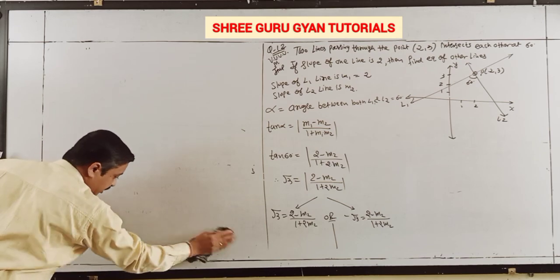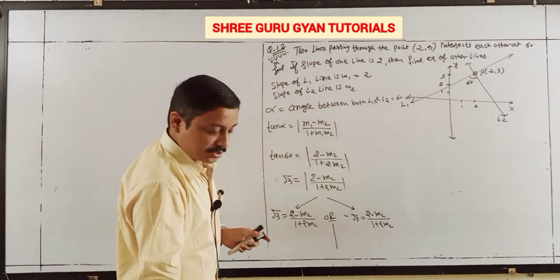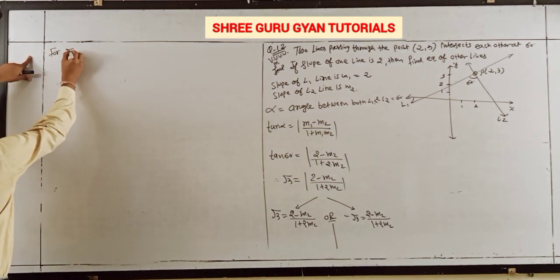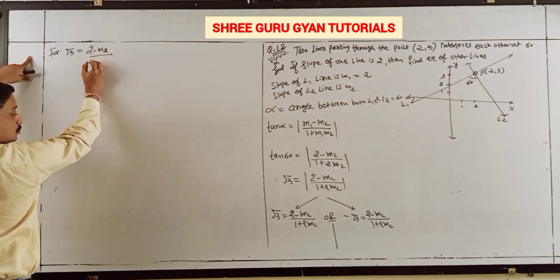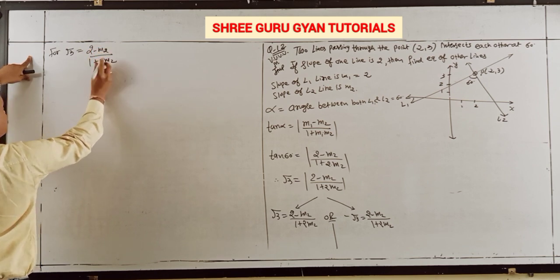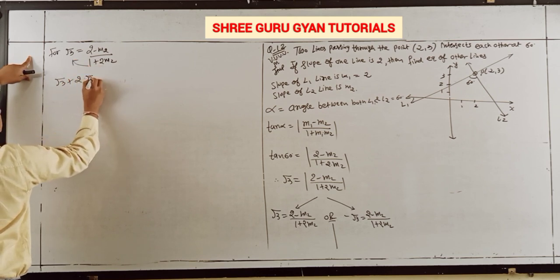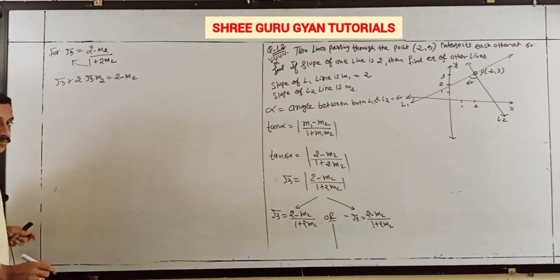So there are two unique answers available to our questions. Here, first taking root 3 is equal to (2 minus m2) upon (1 plus 2 m2). Cross multiply on it: 2 root 3 m2 plus root 3 is equal to 2 minus m2.